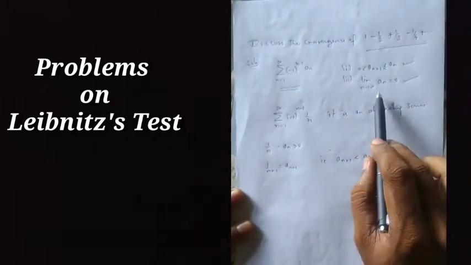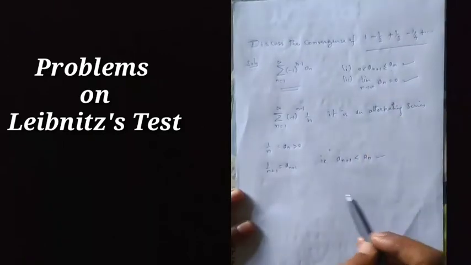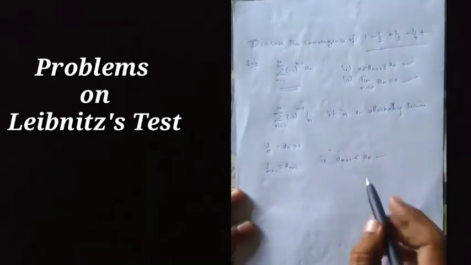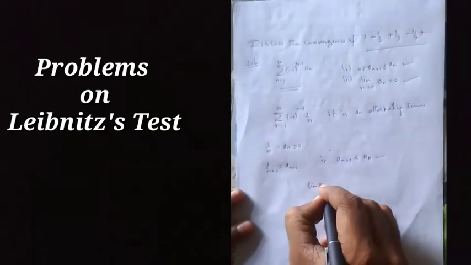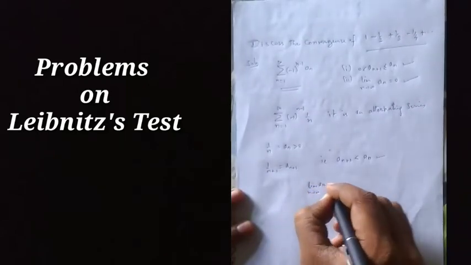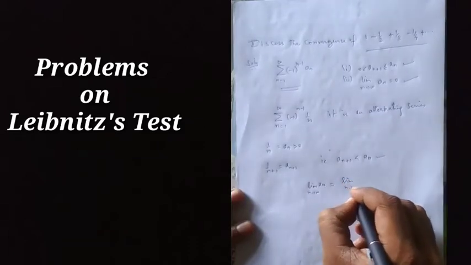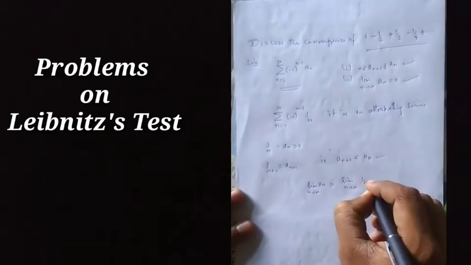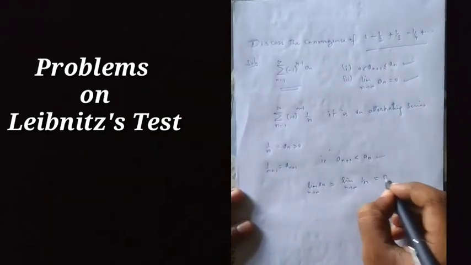What is the second condition of the Leibniz test? It is the limit of the nth term. The limit of the nth term should be equal to 0. Here the limit of an as n tends to infinity is equal to what? This is equal to limit n tends to infinity of 1 by n. As n tends to infinity, it will be 1 by infinity, which is 0.